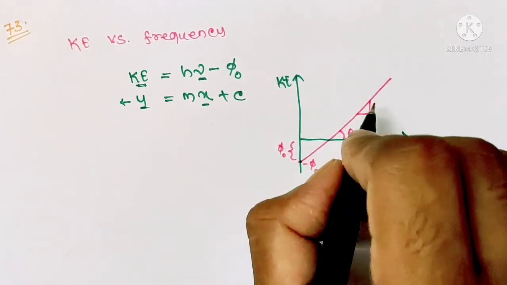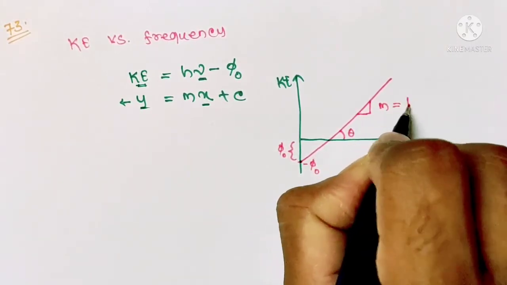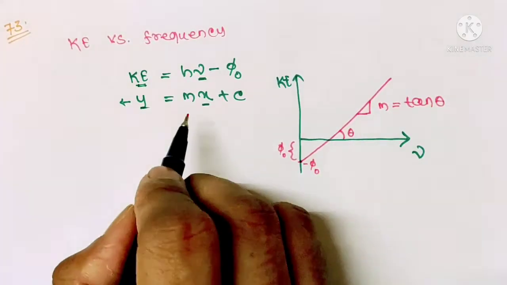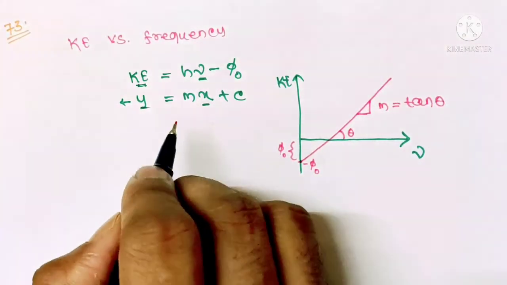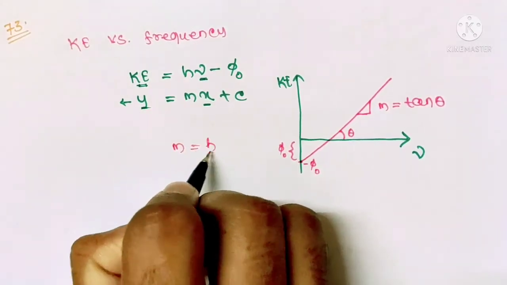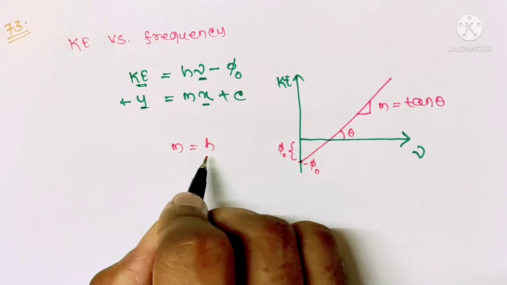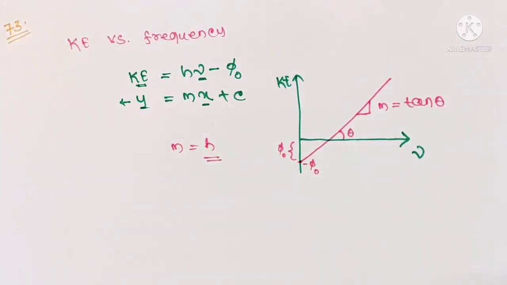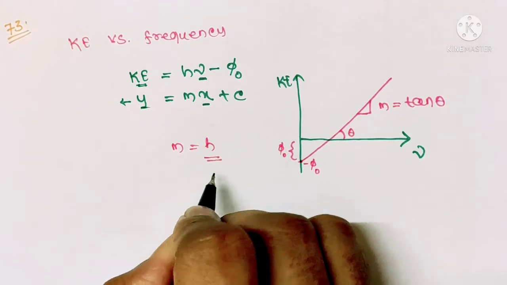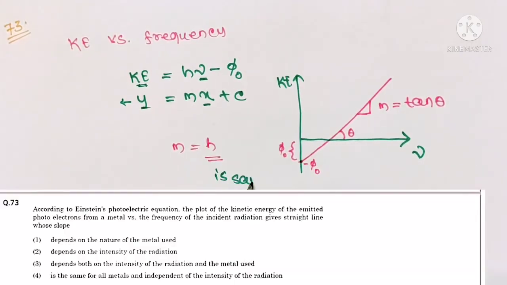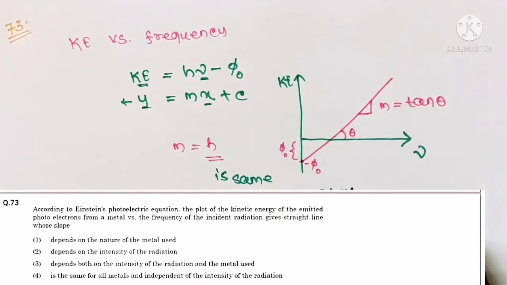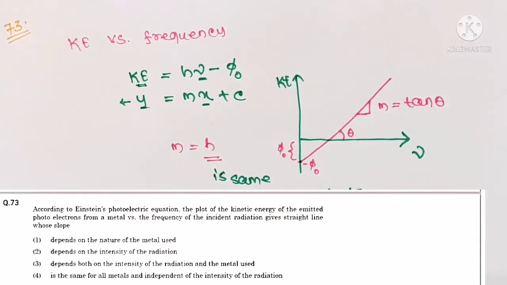For slope we define m equal to tan theta. If you compare the two equations, the slope m equals h, the Planck constant. So the slope is the same for all metals and independent of intensity, because the slope is the Planck constant. So your correct option is option 4.